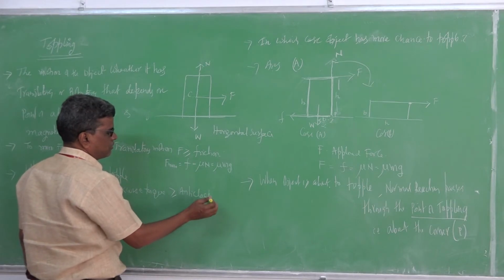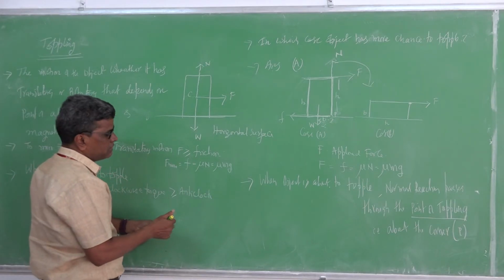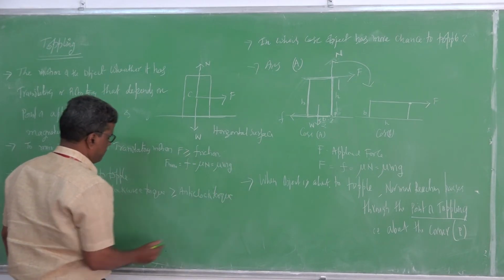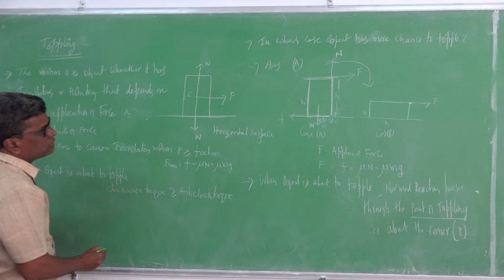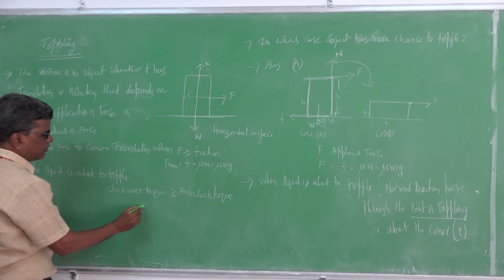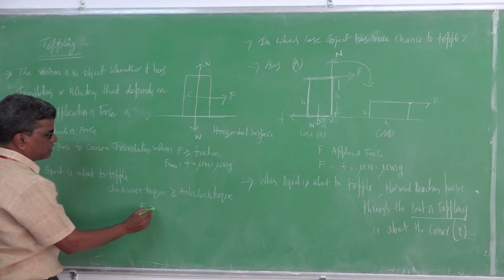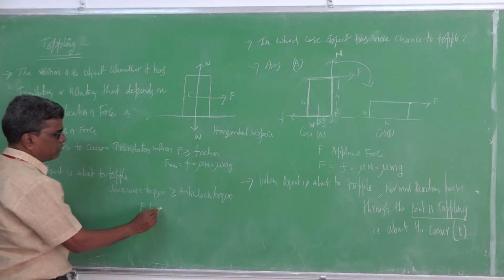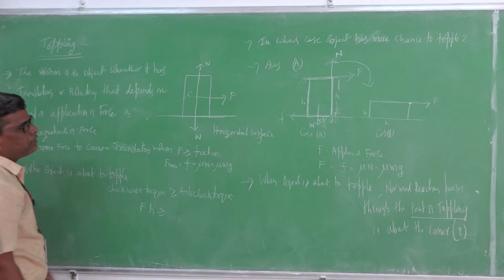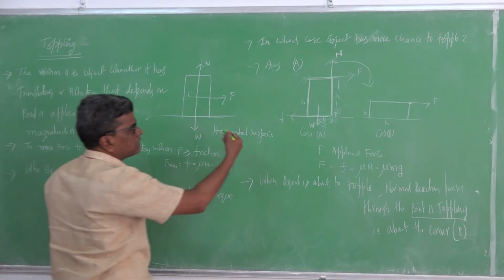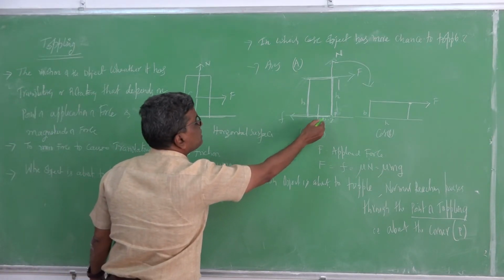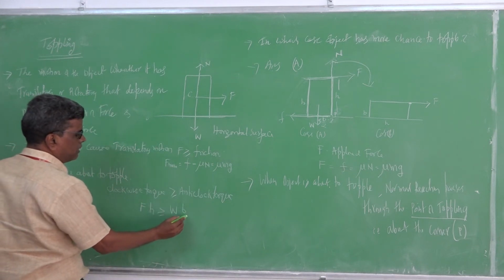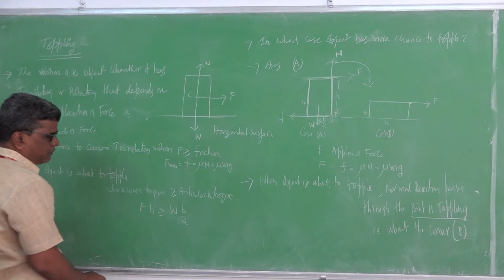So the clockwise torque is F into h. Torque is force into perpendicular distance, that is F into h, should be greater than or equal to the anti-clockwise torque of this weight, which is W into b by 2, force into perpendicular distance b by 2.